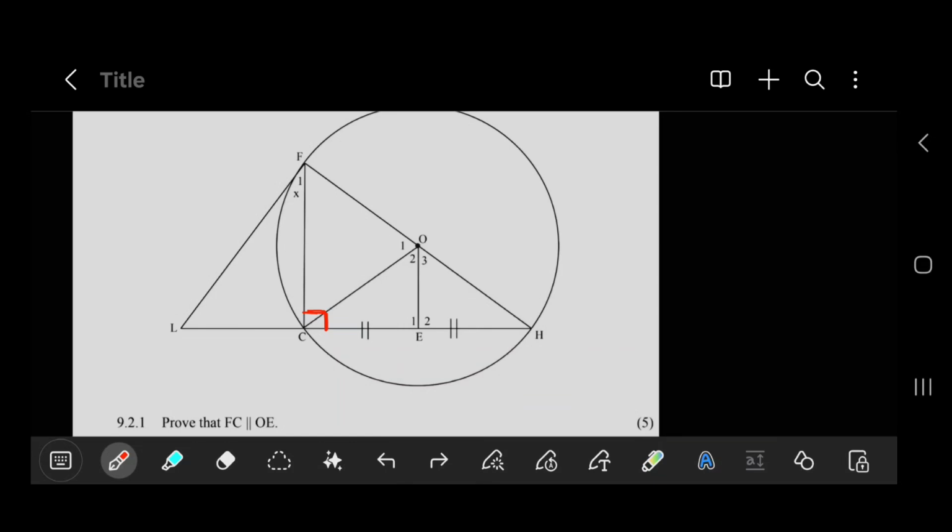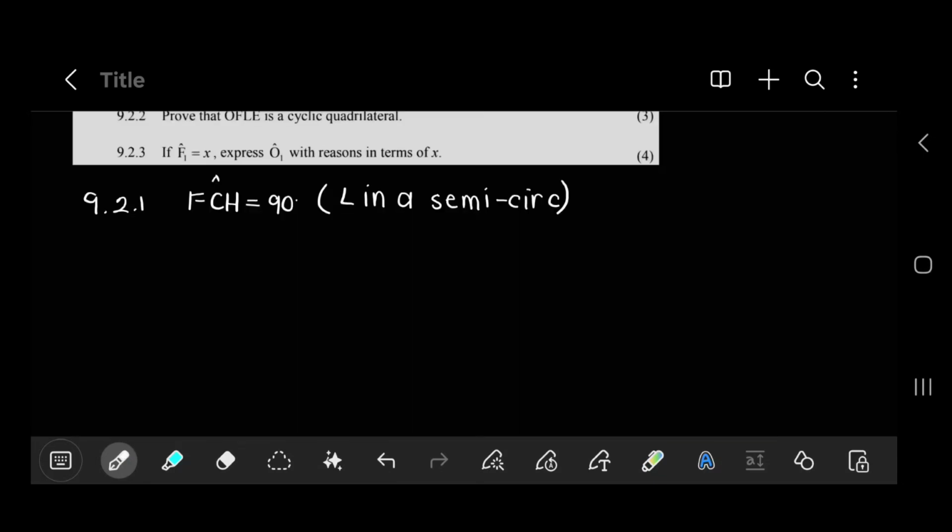It has bisected the chord, so surely it is perpendicular to it. Remember your theorem, perpendicular bisector? That proves that E2 is 90 degrees here. So we're now going to say angle E2 is 90 degrees. We've got that from perpendicular bisector.